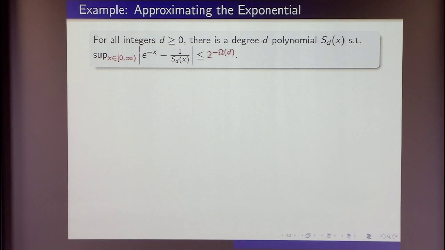If I look at the exponential function e to the minus x, and I want to approximate it by a rational function, in particular 1 over a polynomial of degree d, over the entire interval 0 to infinity, I can get an error of at most 2 to the minus d. Such a result cannot hold for polynomials. Polynomials blow up to infinity or minus infinity as x goes to infinity or minus infinity. But the moment you allow rational functions, I can get amazing results. For instance, if I want delta error, degree log 1 over delta suffices.